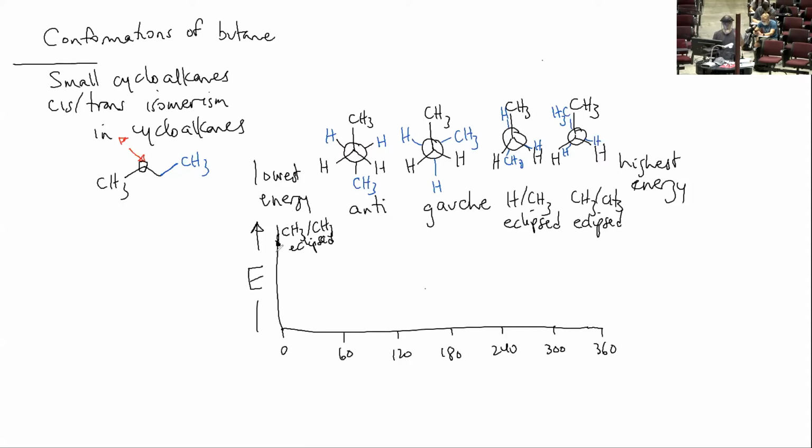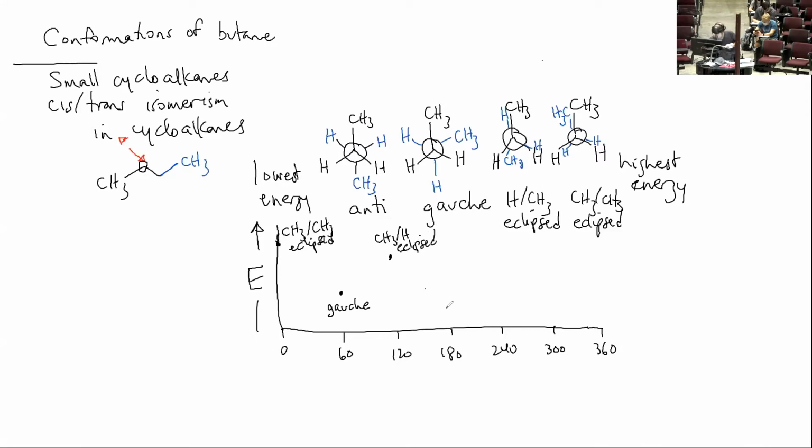And remember, after the methyl-methyl eclipsed, when we turned 60 degrees, we got a gauche conformation. That's going to be the second lowest energy, rather. Then another 60 degrees, and we got a methyl hydrogen eclipsed. That's going to be somewhere intermediate in energy between methyl-methyl eclipsed and gauche.